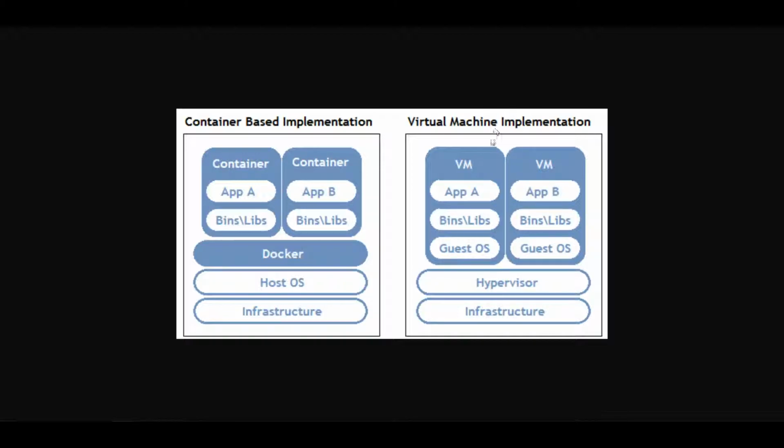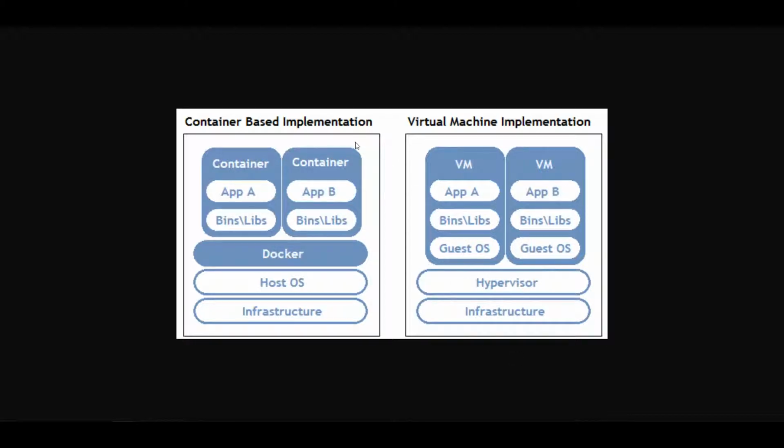Here you have your virtual machine with app A, and a guest OS built on top of your hypervisor. This is your complete operating system, which shares your hardware resources. For example, if you've given 2 gigabytes of RAM to your virtual machine, it's not easily scalable. It doesn't matter whether you use it completely or not, it's totally given to it. All your hardware resources are given to it, right?